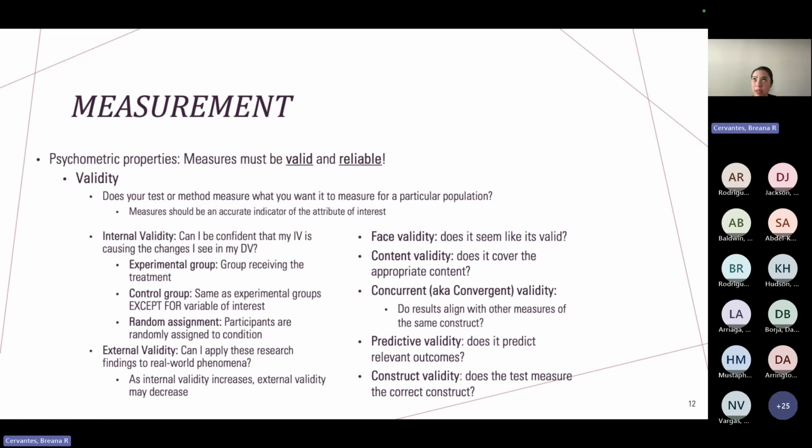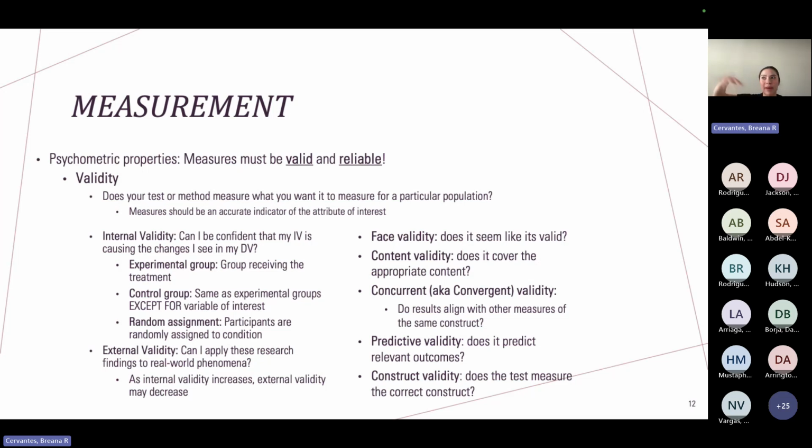So if I am interested in developing a new measure, let's say I came up with my own questions, I think my survey is a good survey of parenting, I need to be able to say that my parenting measure aligns with other established parenting measures.